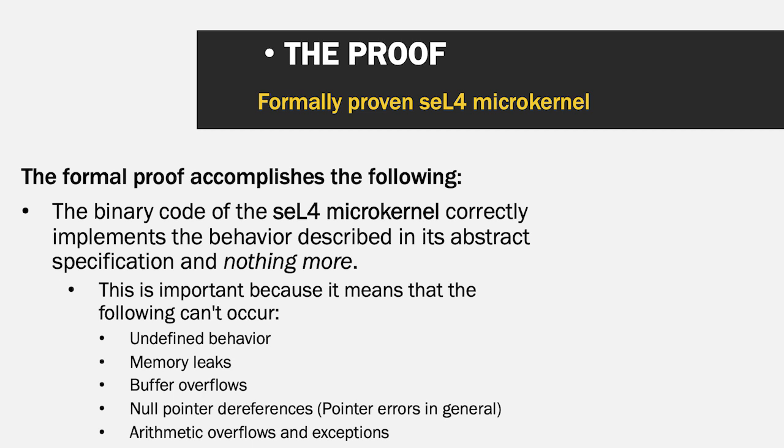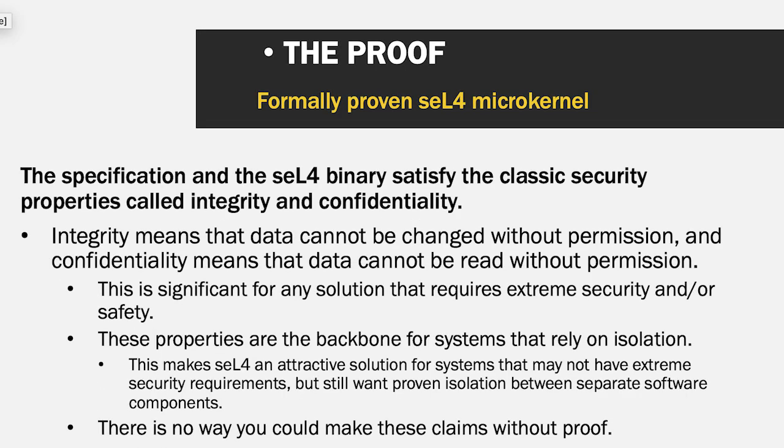It's also important because it means that some very common bugs simply can't occur. Things like memory leaks, buffer overflows, null pointer dereferences, basically pointer errors in general, arithmetic overflows and exceptions. All those pesky and annoying bugs simply can't happen within the microkernel space itself.